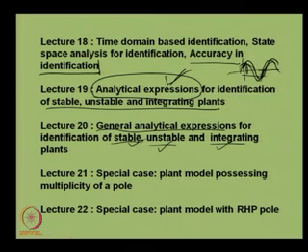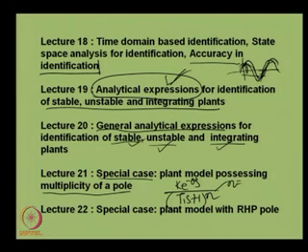Lecture 21 will be on special cases like a plant having multiplicity of a pole, which can be shown as k e to the power minus theta s over (T1 s plus or minus 1) to the power n. This is known as a plant model having multiplicity of poles, where n can assume various values starting from 2, 3 onwards.